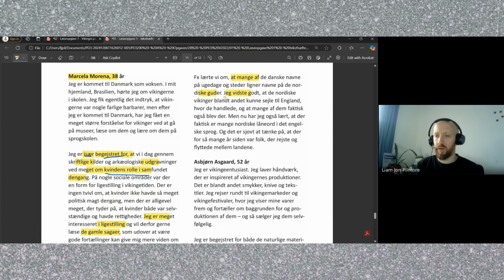"Jeg vidste godt, at de nordiske vikinger blandt andet kunne sejle til England, hvor de handlede, og at mange af dem faktisk også blev der." So yes, many Vikings went to England, and many of them stayed there. "Men nu har jeg også lært, at der faktisk er mange nordiske låneord i det engelske sprog." Okay, now we've hit it, right? Now we're talking about the English language, and there are many Nordic loan words in it.